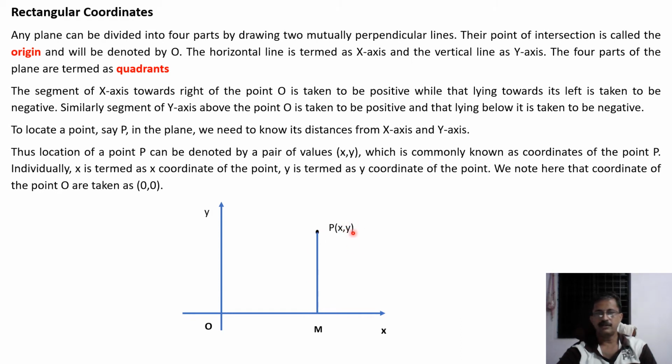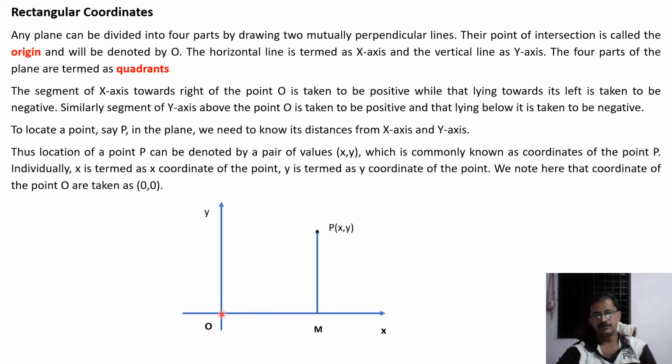The y coordinate is also called the ordinate of the point. The distance of this point from the y-axis, in this figure, is nothing but OM. If that distance is x units, then we say it is the x coordinate. Friends, the x coordinate is also called the abscissa. That is how we locate a point.